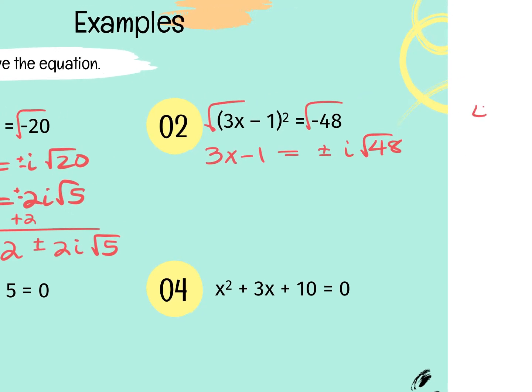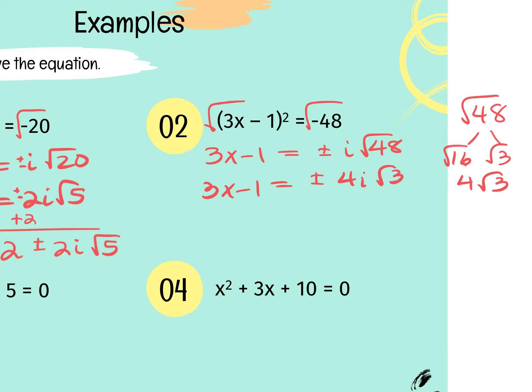So I'm going to go ahead and do a factor tree for the 48. You can do any factors, 2 and 24, 3 and 16. That's the one I'm going to choose because that's the largest perfect square that is a factor of it. So then I get 3x minus 1 equals plus or minus 4i square root 3.